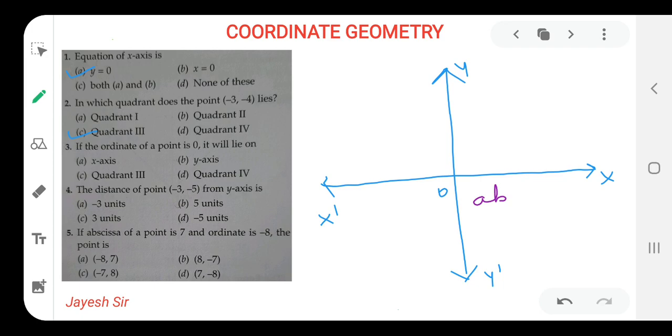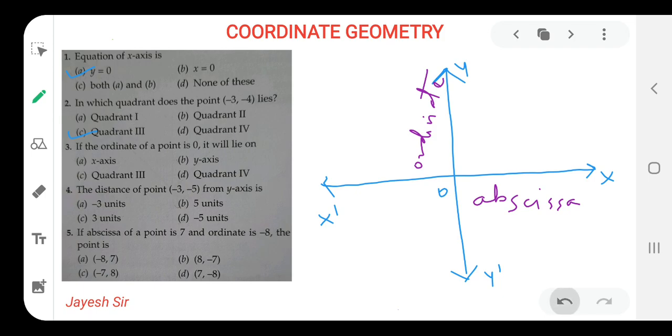The spelling for abscissa is A-B-S-C-I-S-S-A. And the point lying on the y-axis is called the ordinate. It is similar to our chapter name, but only co is not there. I hope you all might be getting it.